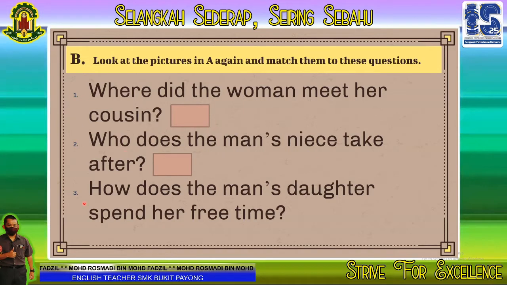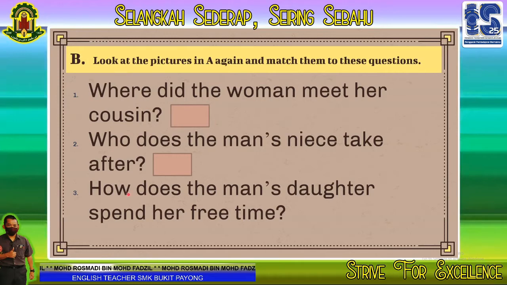And number 3. How does the man's daughter spend her free time? How? So kalau how just now question, option 1, yang gambar we have violin, and then smart TV or television, and then we have bicycle.